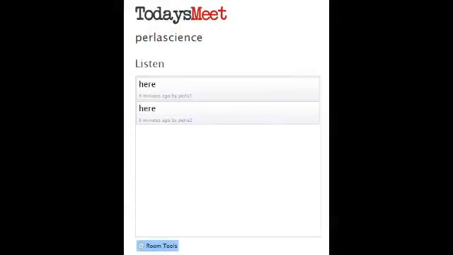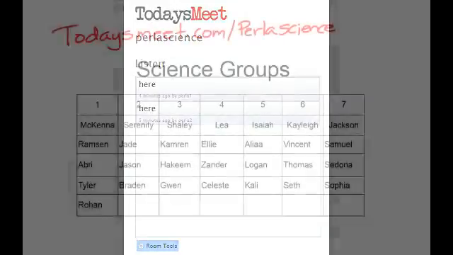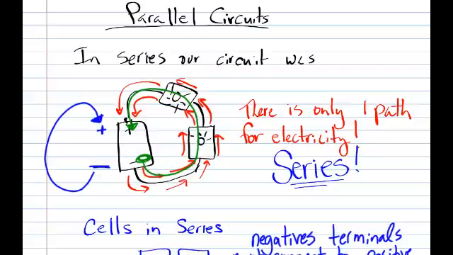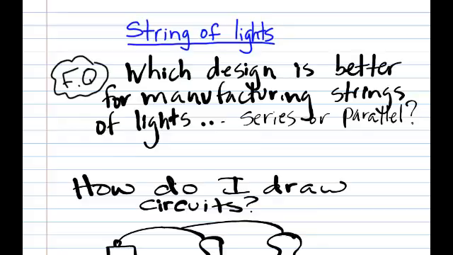All right. So going back to our notebook, I'm going to go back to the section we're on. Okay, we looked at parallel circuits. And let's see if I can find page 9 here. So we talked about which design is better. So that's the problem we've been working on. I did switch to page 18.